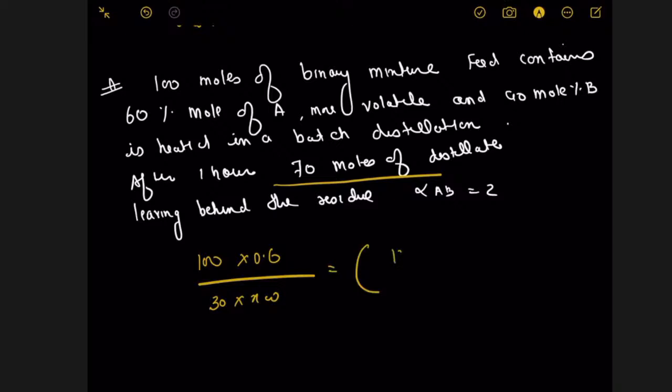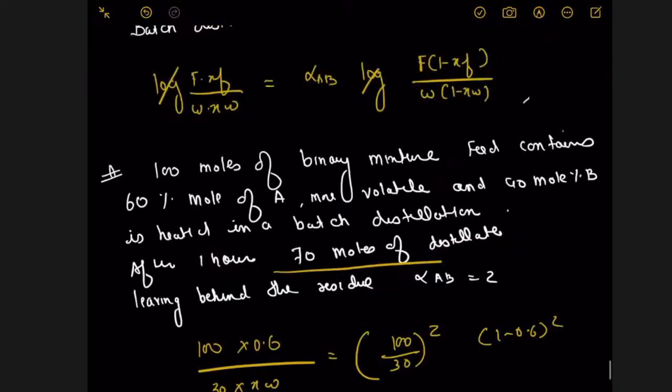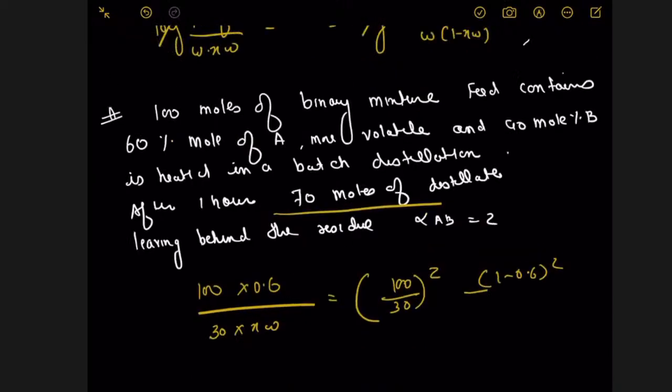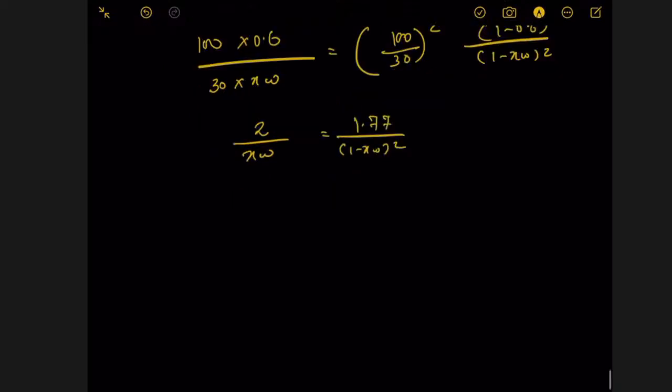It is equal to 100 upon 30 whole square, (1 minus 0.6) whole square, upon (1 minus xW) whole square. On this, what answer will you get? It will be 2 upon xW equal to 1.77 upon (1 minus xW) whole square. xW equals 0.4028.